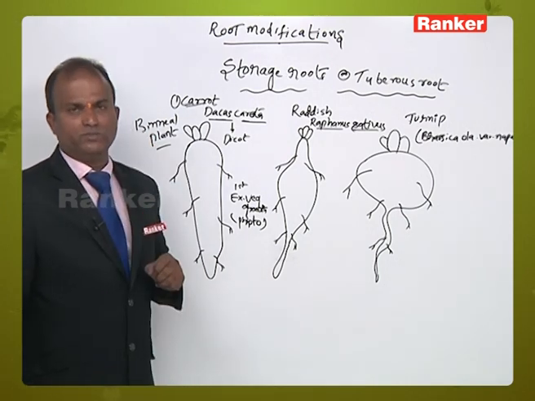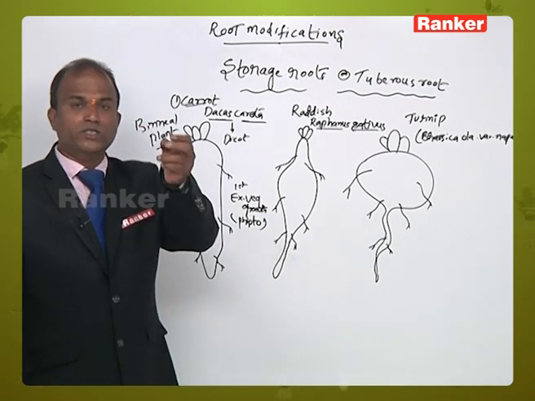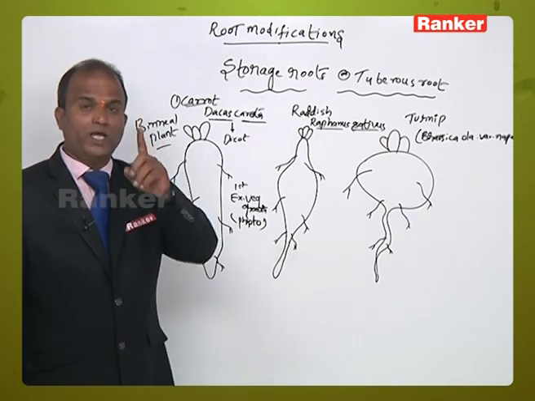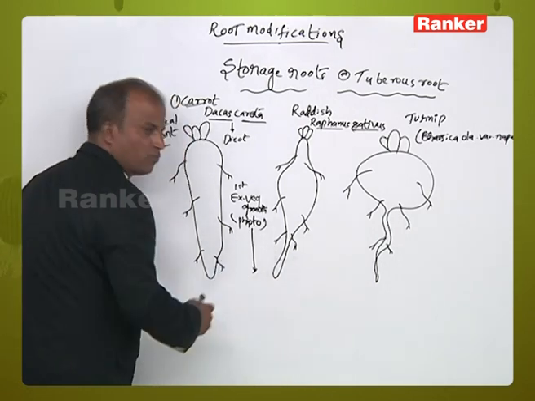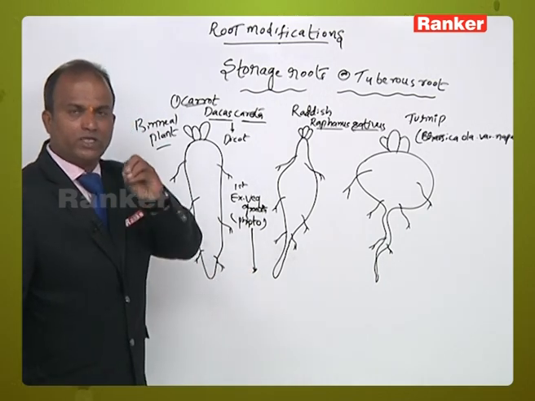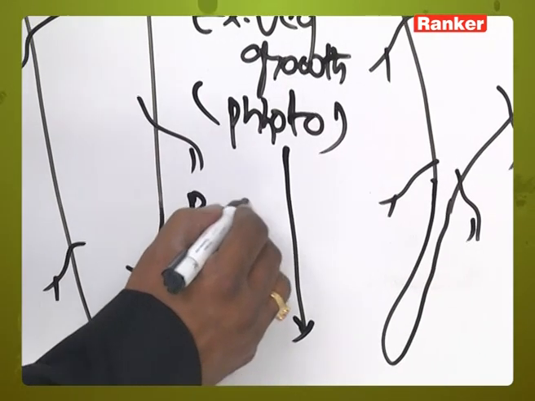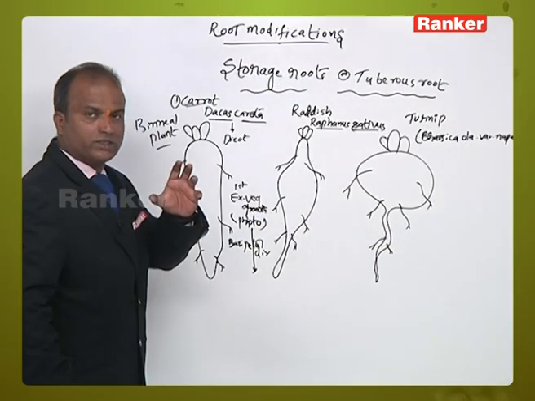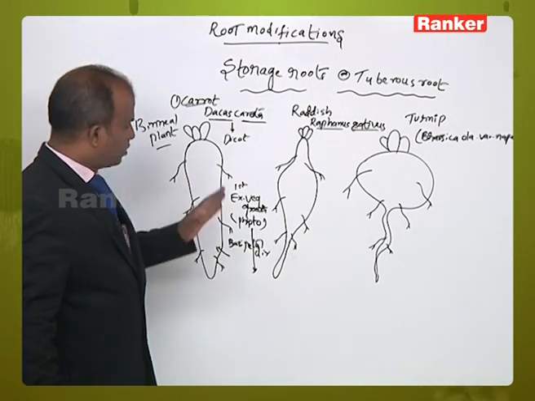From this synthesized food, part of it is utilized by the plant for its metabolic activities, and the remaining part moves from upper to downwards, in the basipetal direction, and is stored in roots.